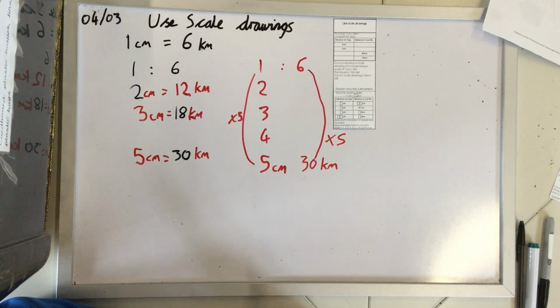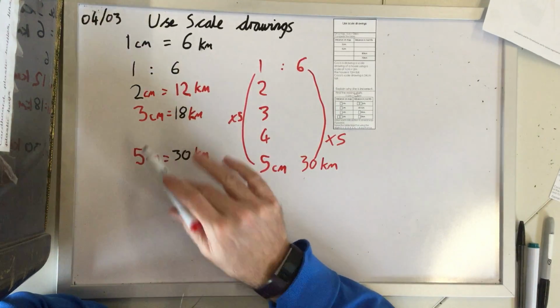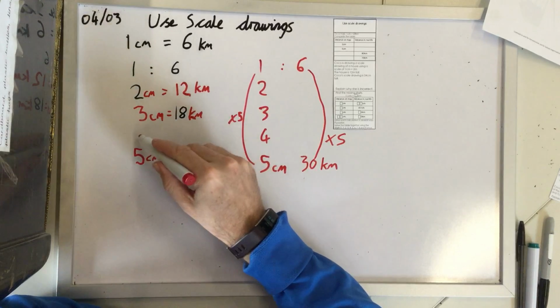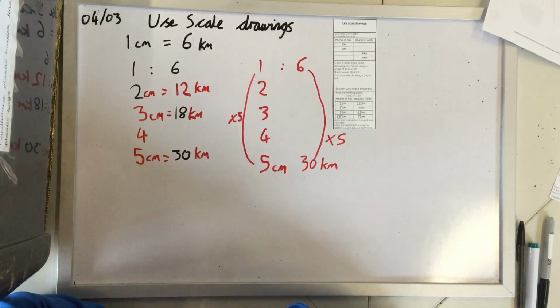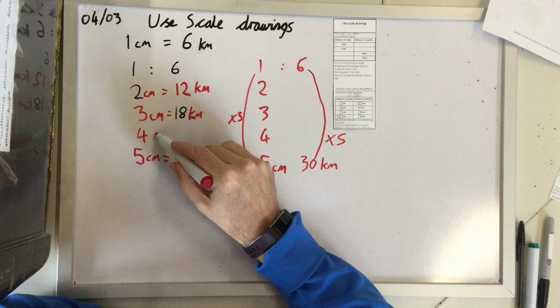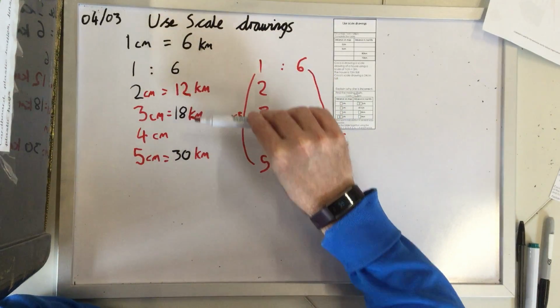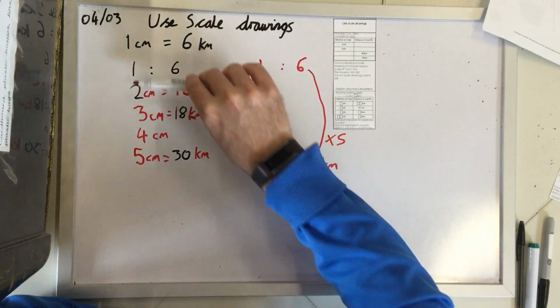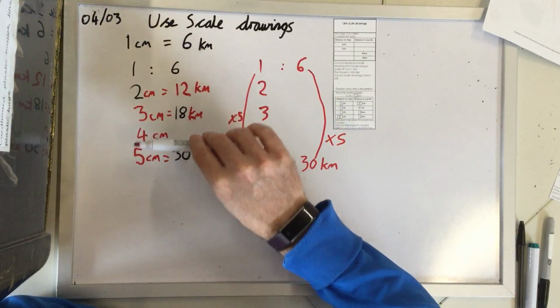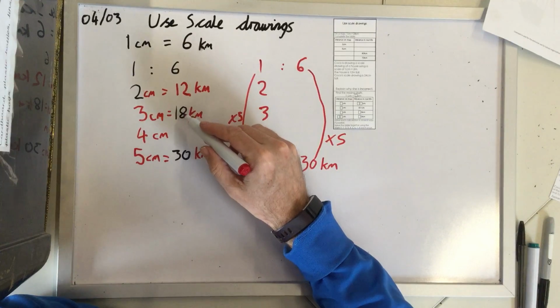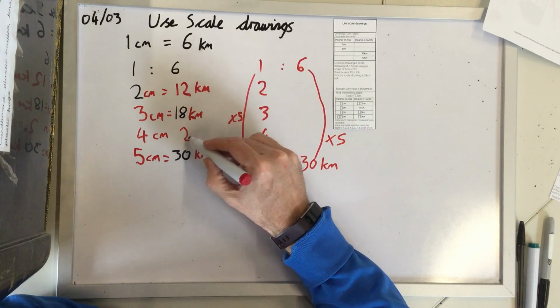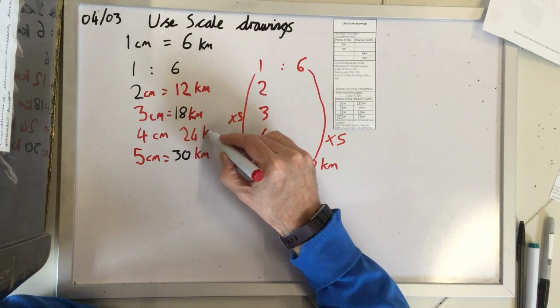Then I've left a gap here. I'm sure you'll be able to work it out. 4 centimetres: look at the pattern. It's going up in 6 each time, and this is going up by 1 each time. So if we add 6 onto 18, we get 24 kilometres.